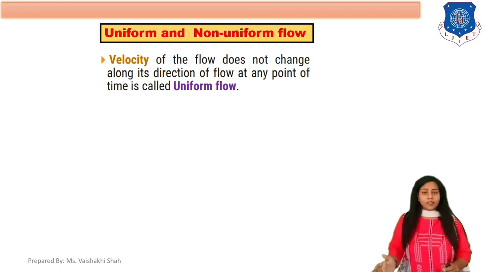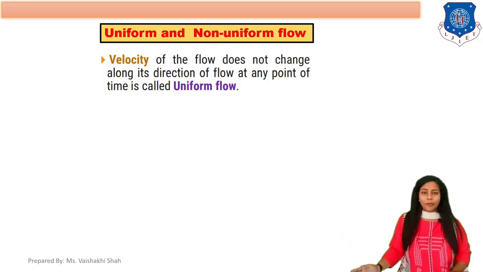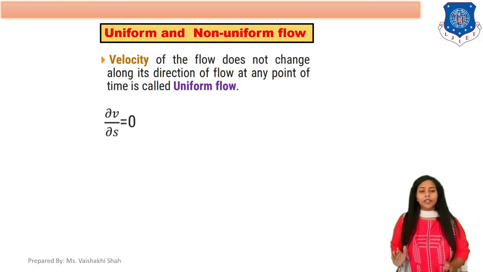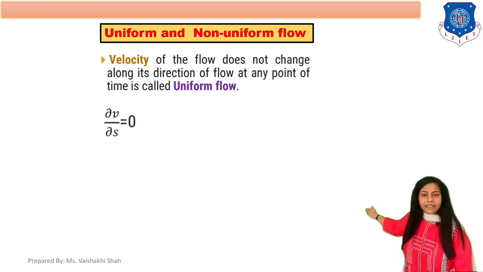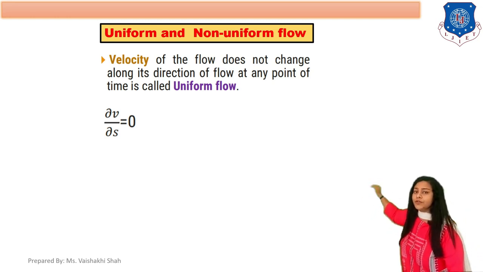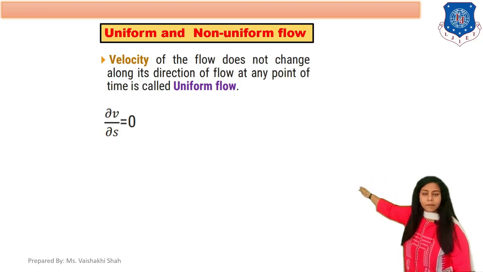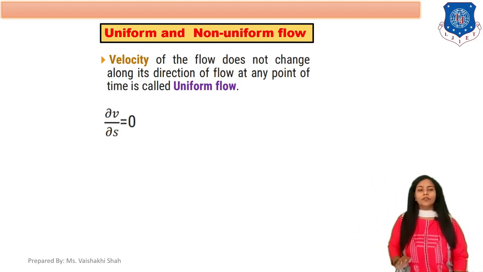Here, velocity with respect to distance does not change at any point. So you can write down that del V by del S, velocity with respect to distance, equals 0 for uniform flow.